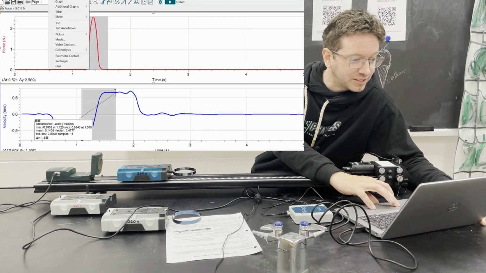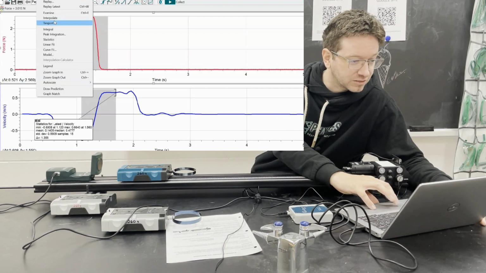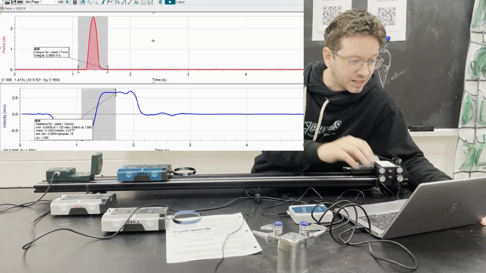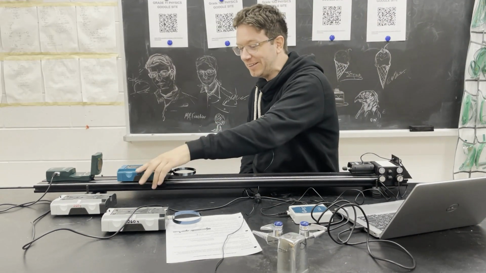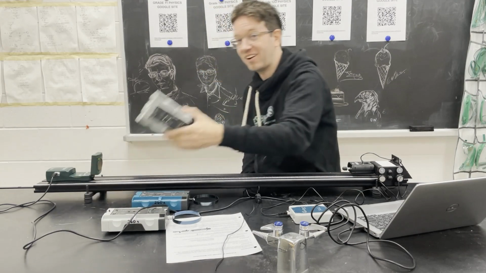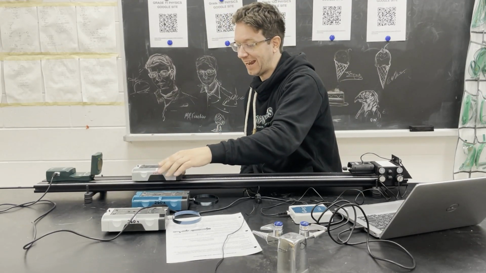And our impulse, 0.3660 Newton seconds. All right, now we're going to move on, and we're going to try the cart with no spring bumper at all.